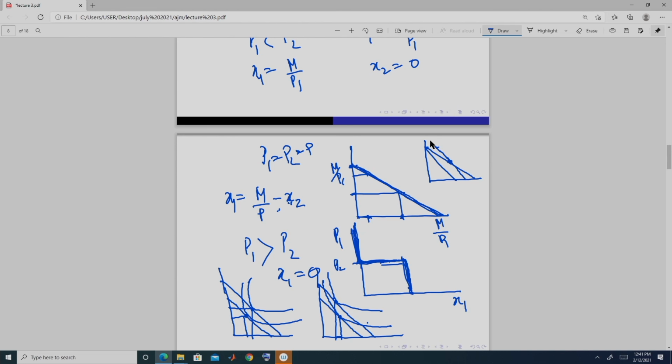Now that changes, this ratio increases, so it means you have to give up more units of good 2, and you are getting the utilities in the same way. So you will reduce the consumption of good 1 rather. That's why the demand for good 1 decreases when the price of good 1 increases.